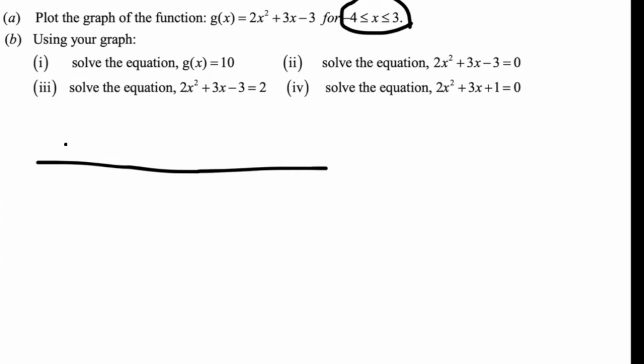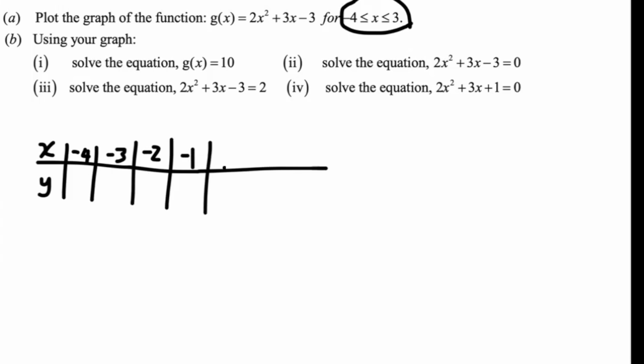So we always need a table. So we have negative 4, negative 3, negative 2, negative 1, 0, 1, 2, 3.